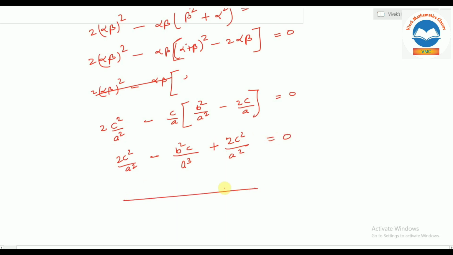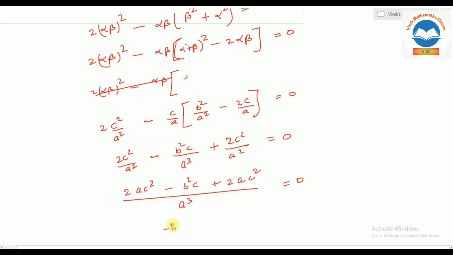What will be our LCM? LCM will be a cube. So we multiply by a here and we get 2ac square minus b square c plus 2ac square, and this will be 0.